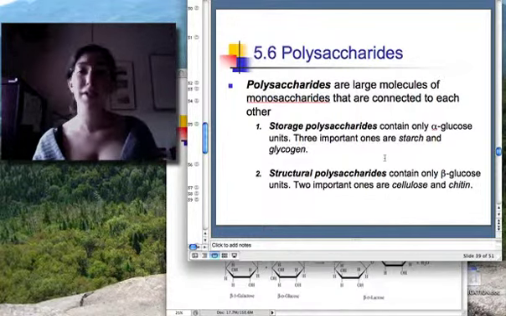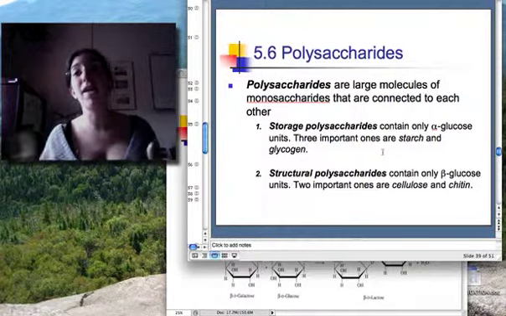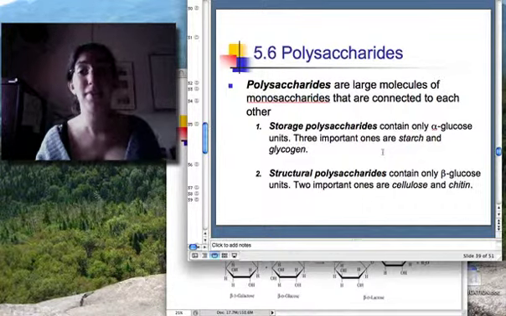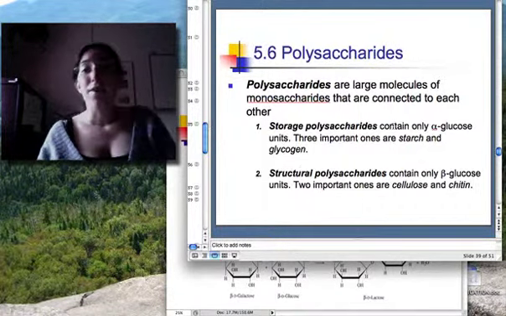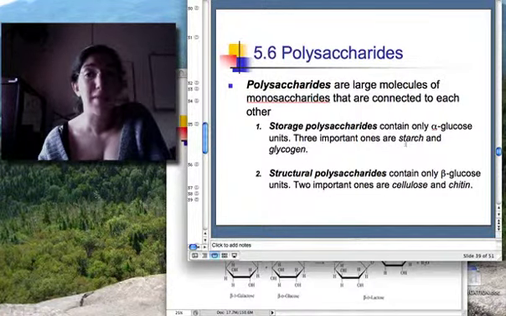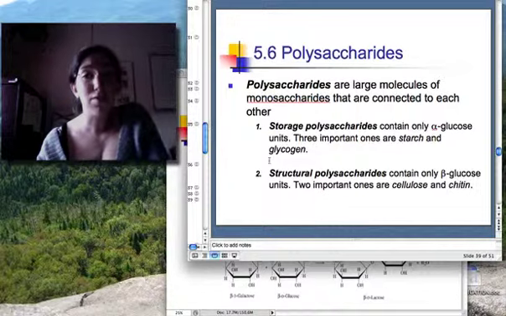You have storage polysaccharides, which are long chains of glucose that are used to store energy, to store that glucose so that at a later point you can break it down and then metabolize that glucose for energy, for ATP. The important types of storage polysaccharides are starches, which you find in plants, and glycogen, which you find in animals.